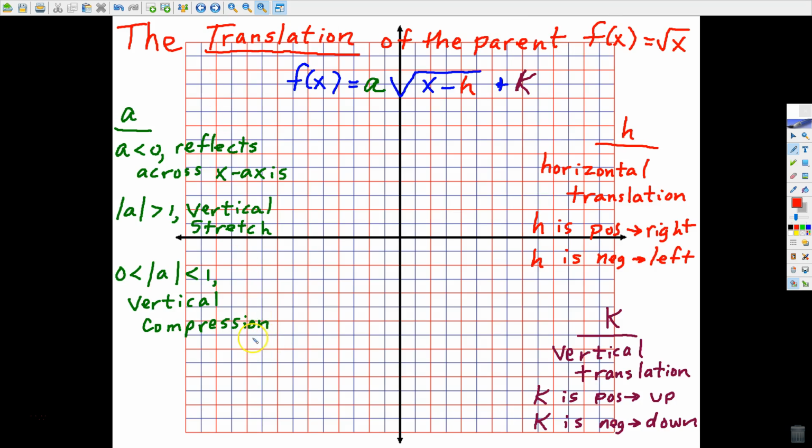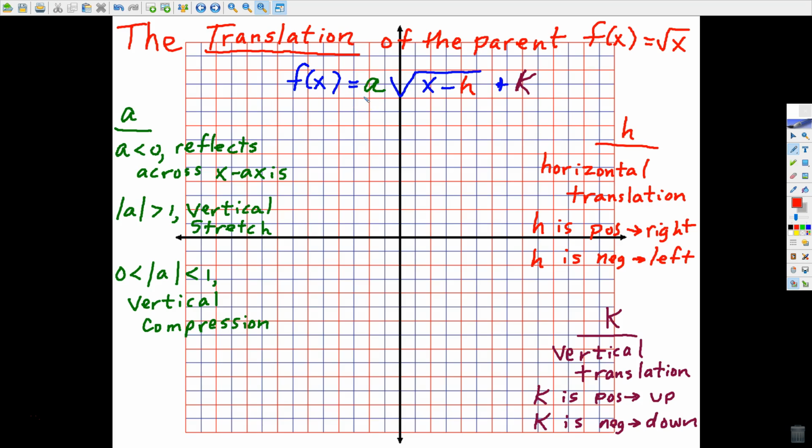Okay, so let me just rehearse with you what the transformation rules look like. You've already seen them with x squared and square root of x. They're all still in play. It's just that it looks a little different because we've got the square root. So this number, I'll just start with a. If a is negative, that's what's going to give us the flip.